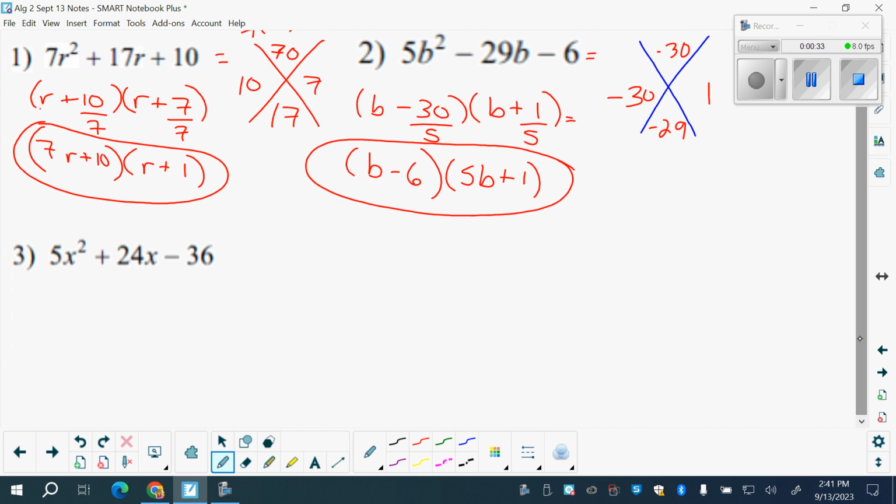Okay, let's do one more. So make our x. The number that goes on the top is 5 times negative 36. I would use a calculator. I don't know what that is.